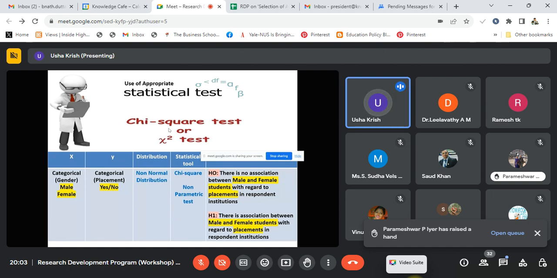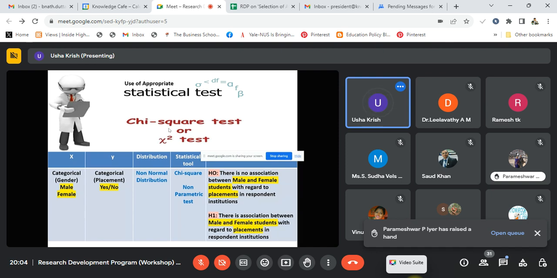Now, let us assume I have two attributes, X attribute and Y attribute. X attribute contains gender, that is male female details. Y attribute contains details of the placement, that is placement happened or not happened, and the distribution is non-normal.